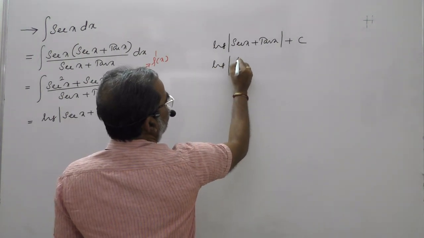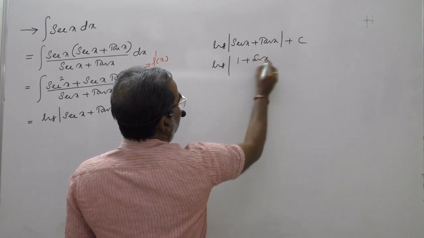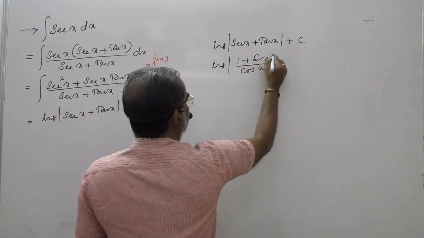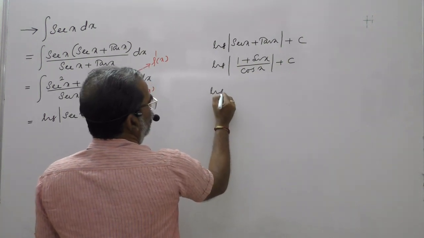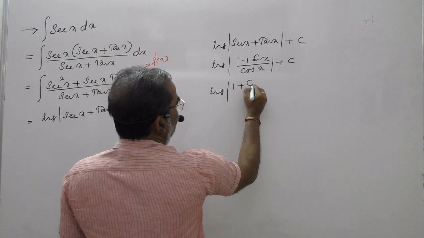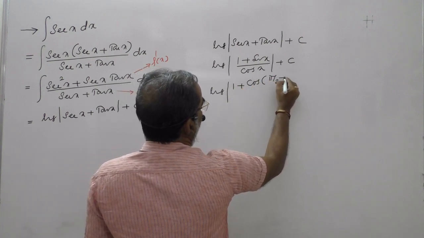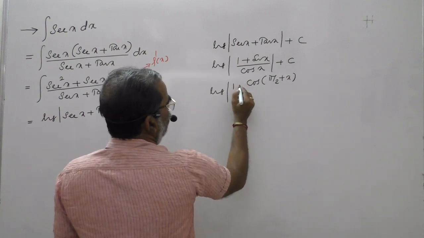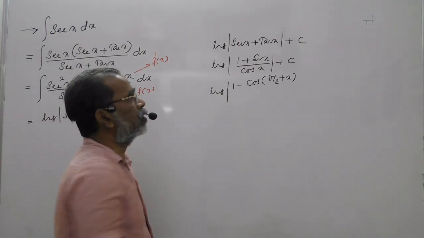Log of sec x plus tan x, where sec x is 1 by cos x and tan x is sin x by cos x. Yes, this is equal to log of 1 plus, I will write this sin x as cos of pi by 2 plus x. Then I should take minus here because cos of 90 plus theta is minus sin theta.